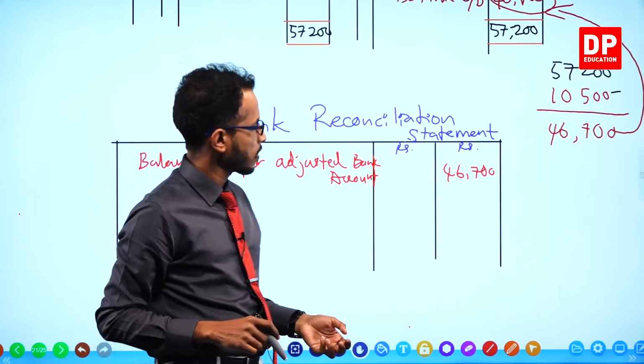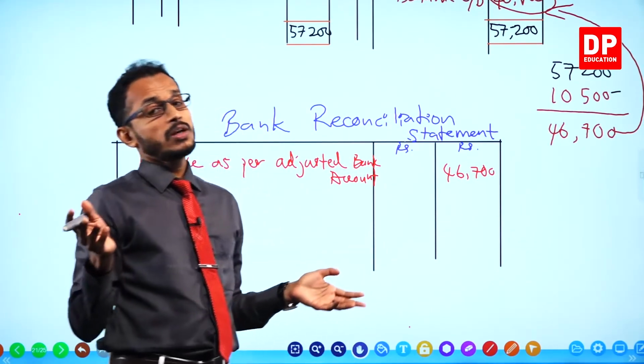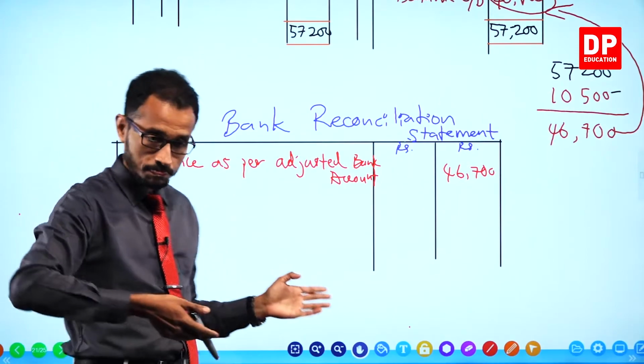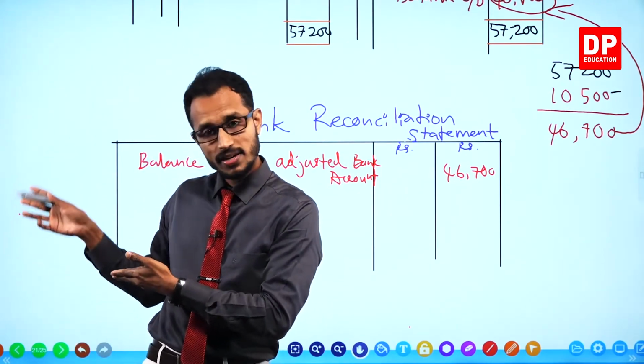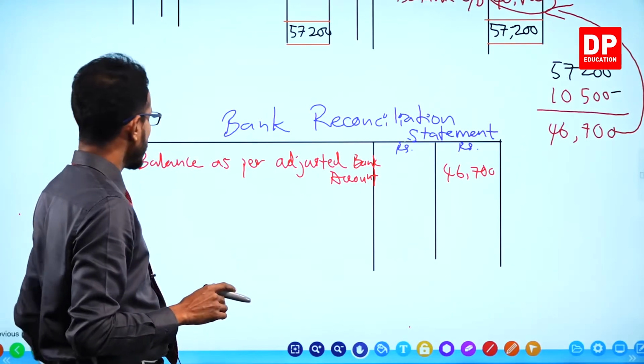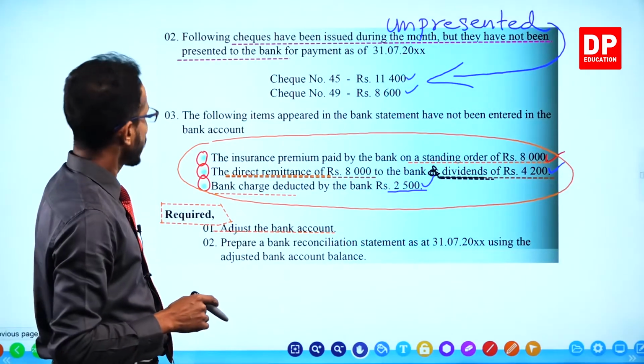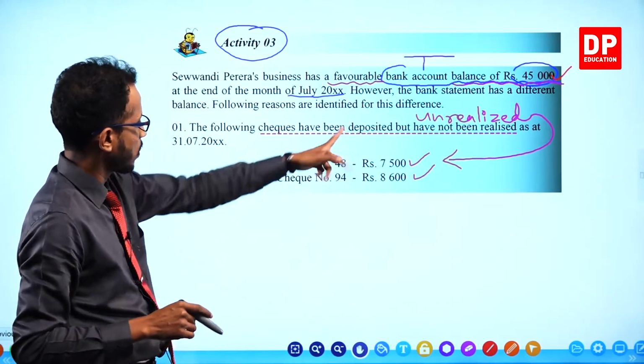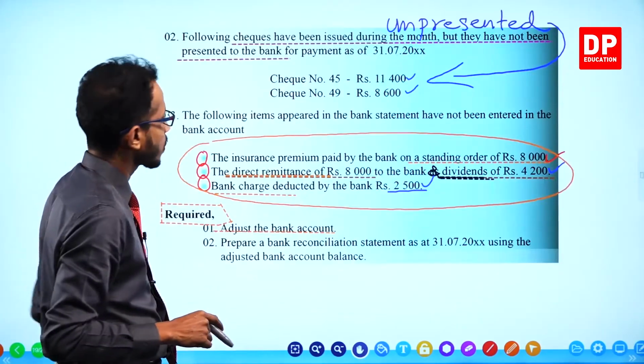Yeah, now we have to go back and check what items should be entered in the reconciliation statement. Back to the question. Unrealized checks and unpresented checks.